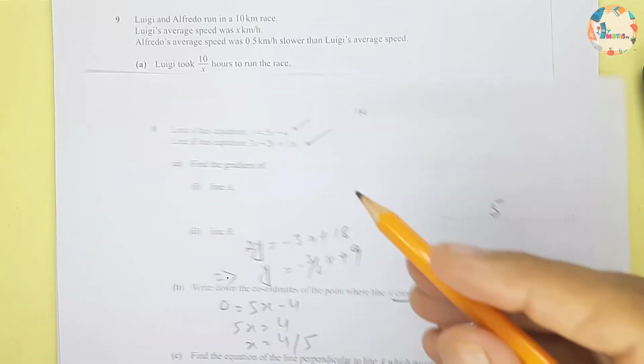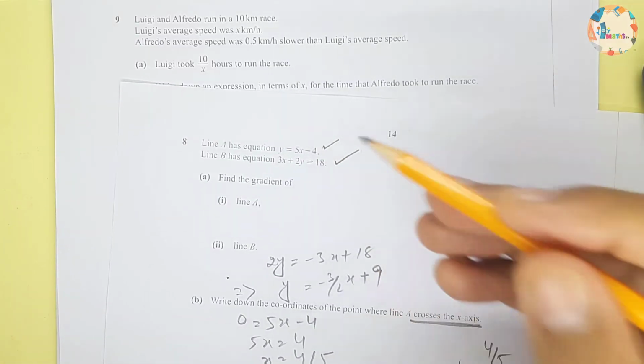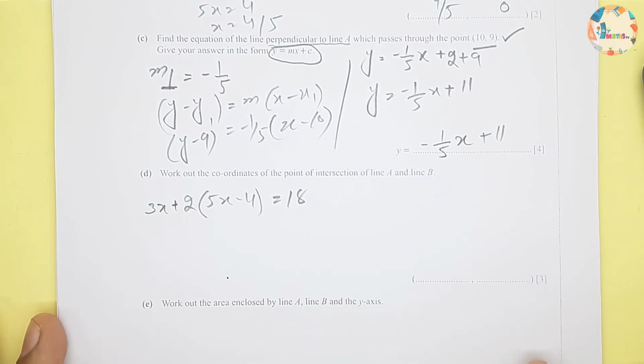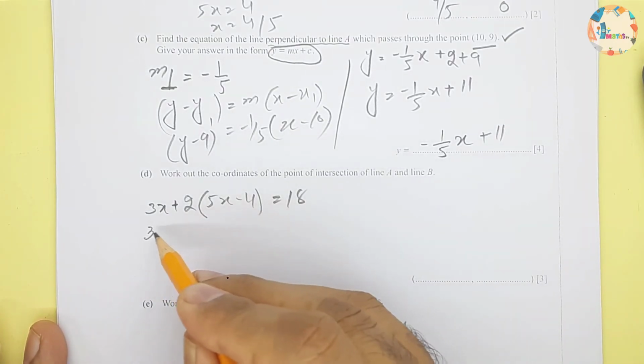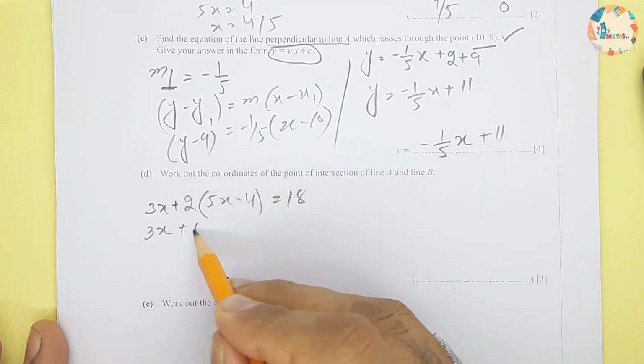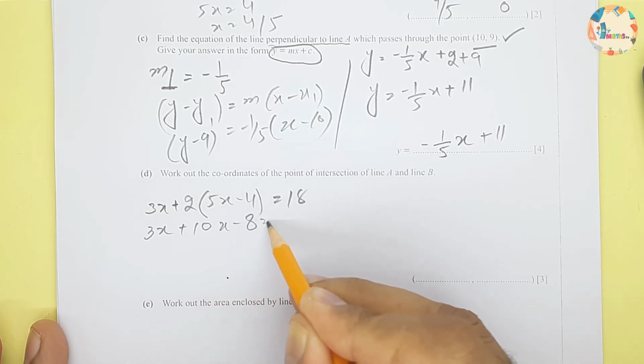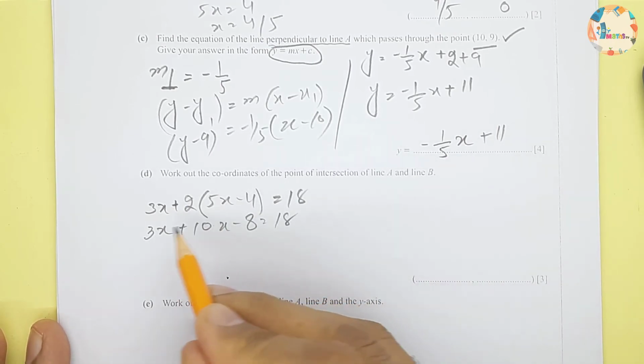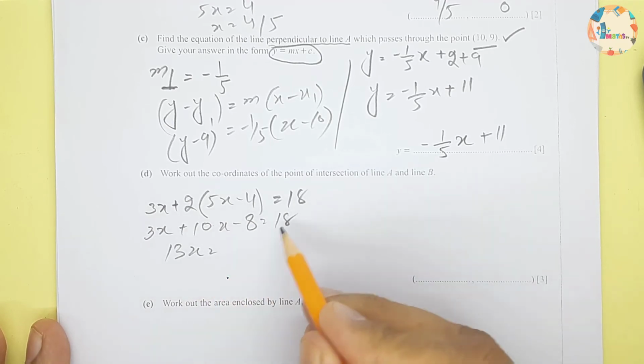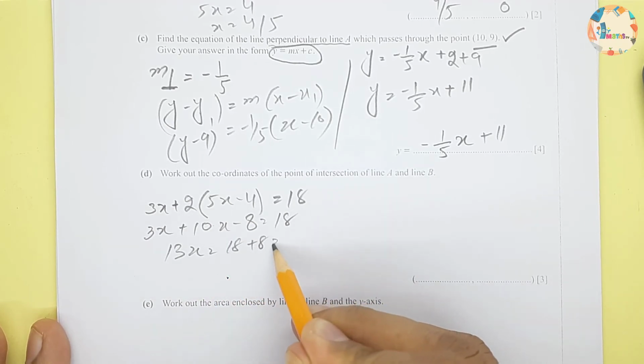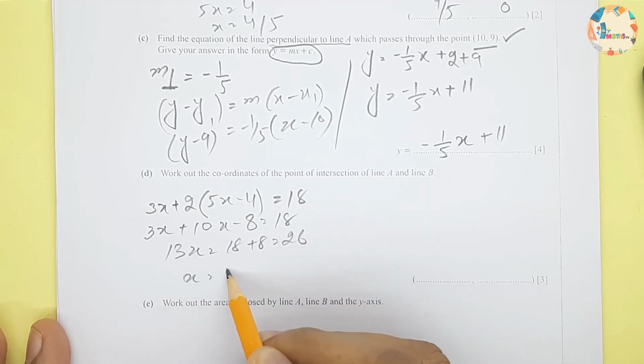What we have done is taken the value of y from equation 1 and replaced it in equation 2, and now we can simplify: 3x plus 10x minus 8 is equal to 18. So this will be 13x is equal to 18 plus 8, which is equal to 26, so x is equal to 2.